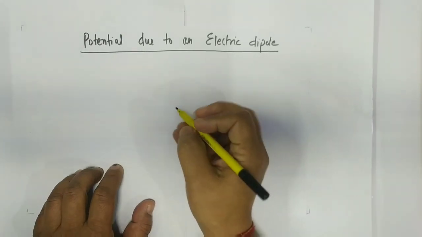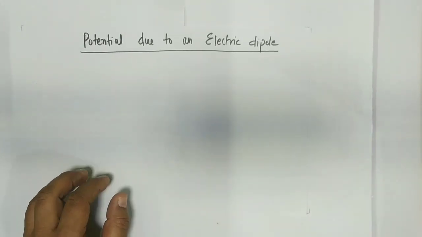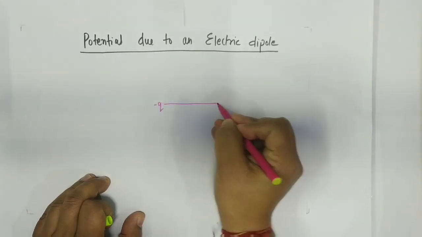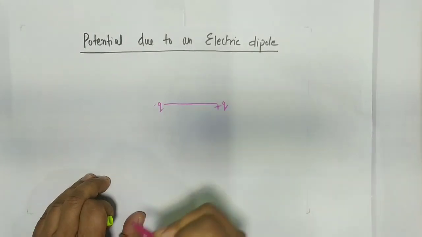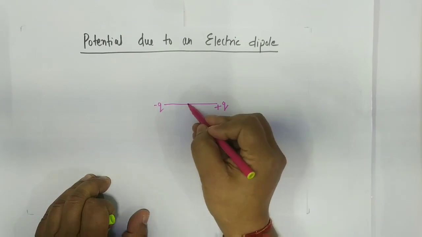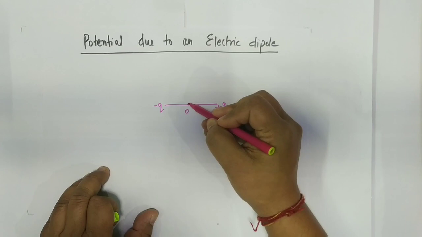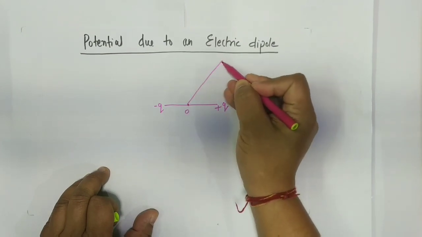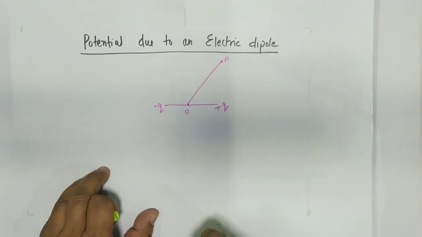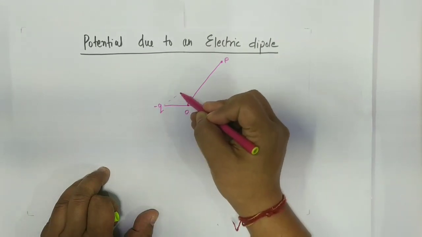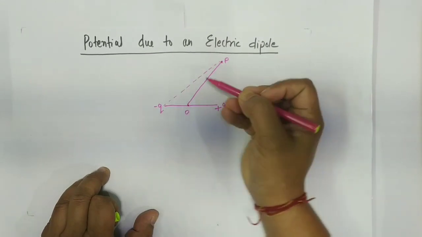Now, when we talk about the electric dipole, say there is a dipole, minus Q and plus Q, and this is the center of the dipole. We take a general point and join it to these two ends of the charges.